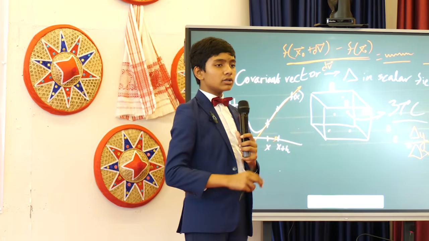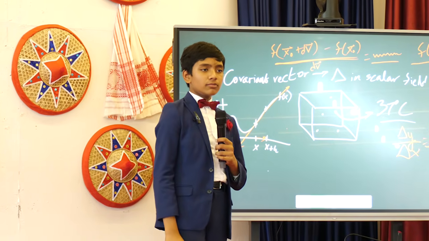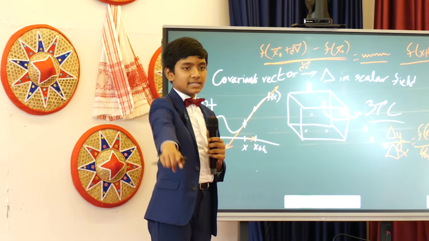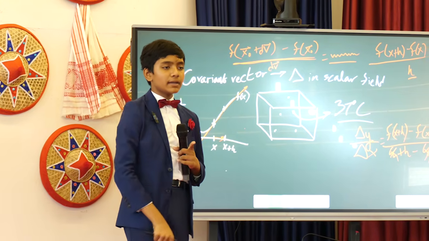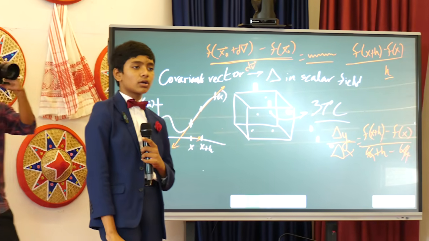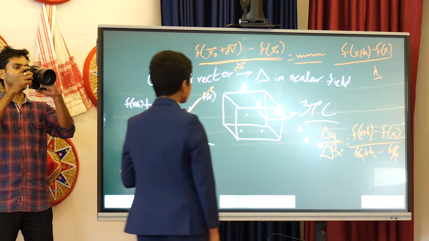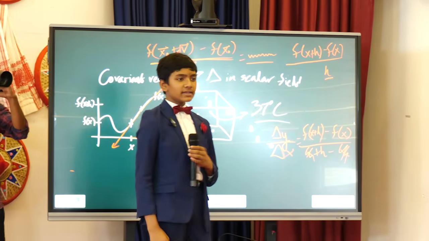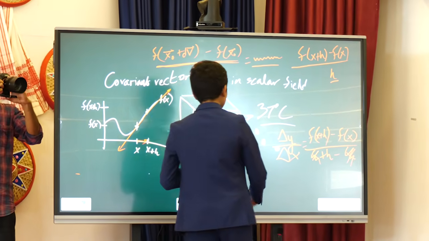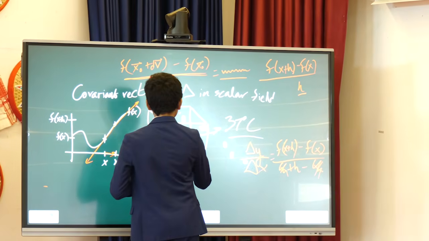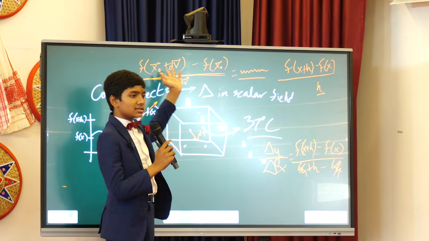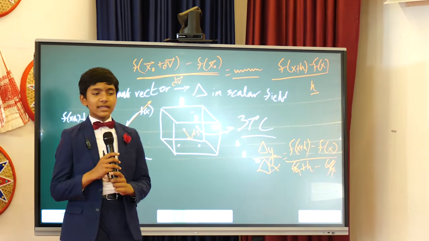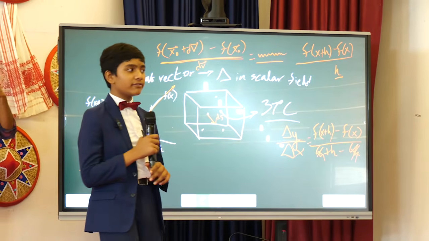Then we make our vector in the same direction, but instead of a big step, it's a small step. It becomes smaller and smaller until the two points are virtually indistinguishable. Then the direction of our covector is parallel to our little dv, and our magnitude is equal to the limit of this. So hopefully that's a bit more intuitive of a definition.